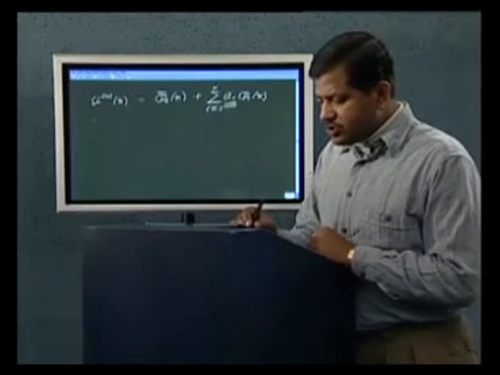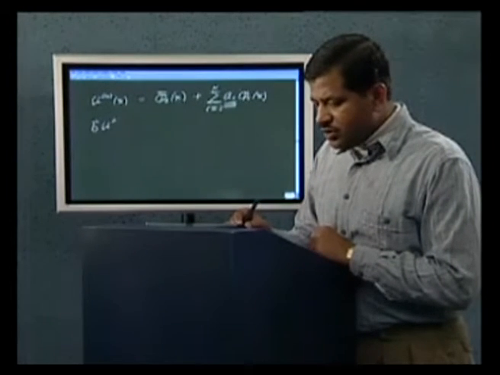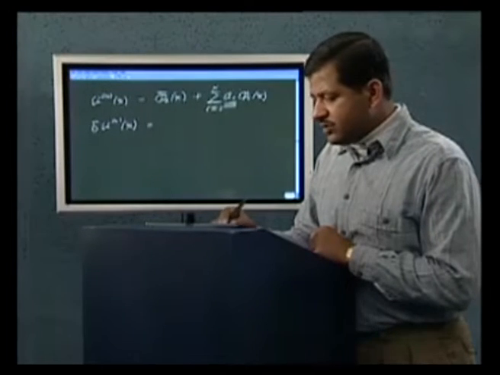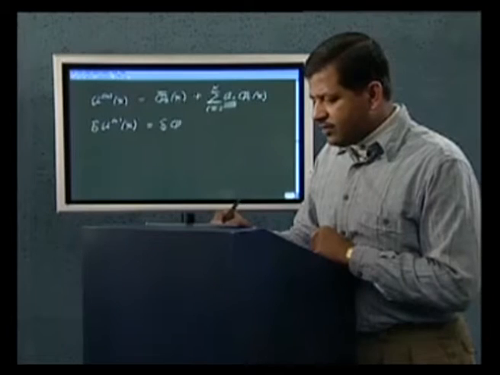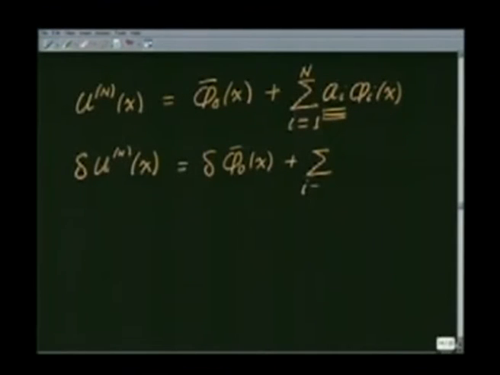The only thing you should observe is that the variation of un of x will be equal to the variation of phi 0 of x plus summation i equal to 1 to n of variation of ai phi i of x.